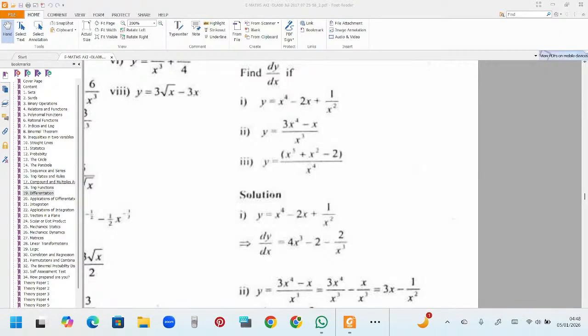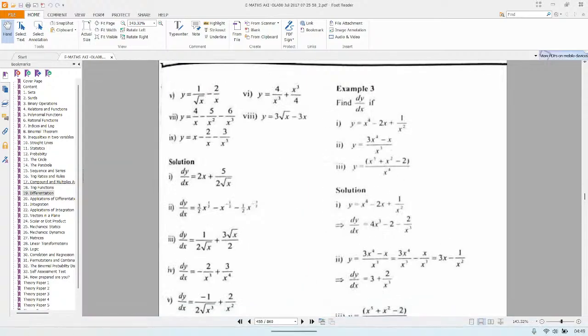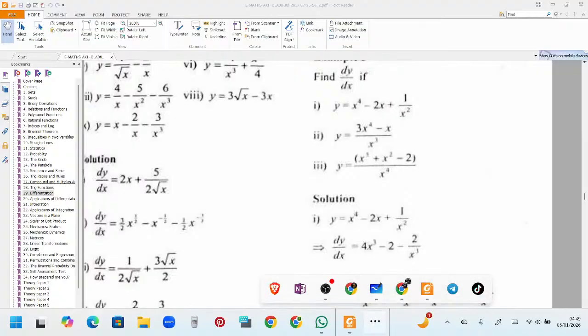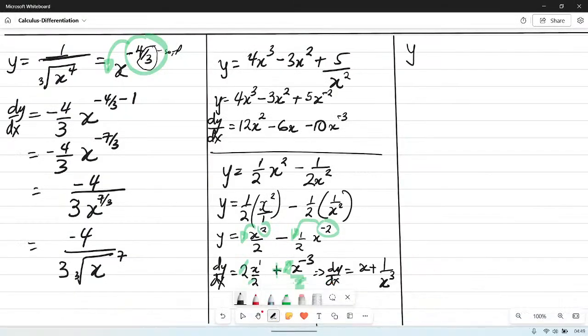So something like x exponent... Let me do it. Let's do the second and third. 3x exponent 4 minus x. Right.